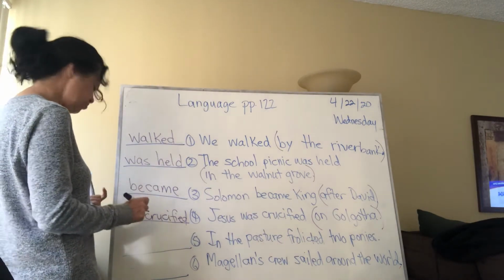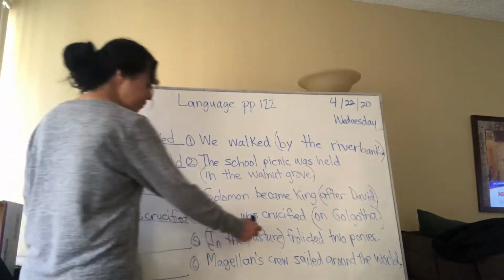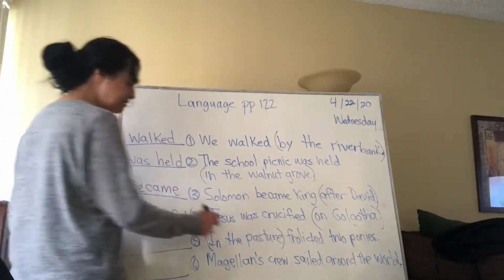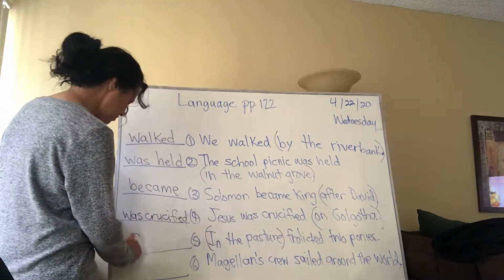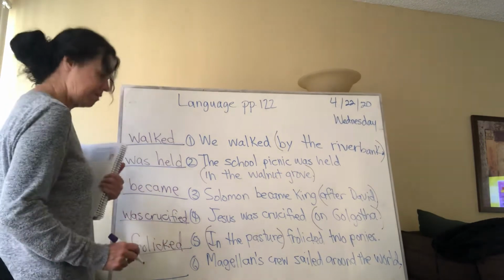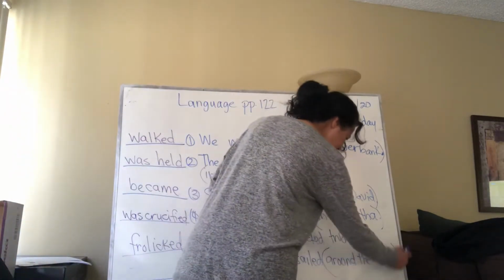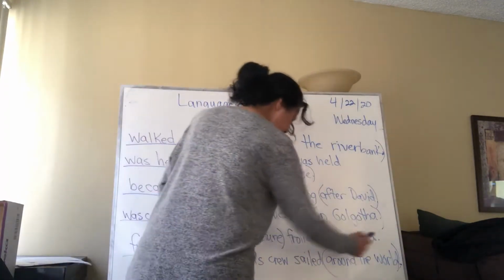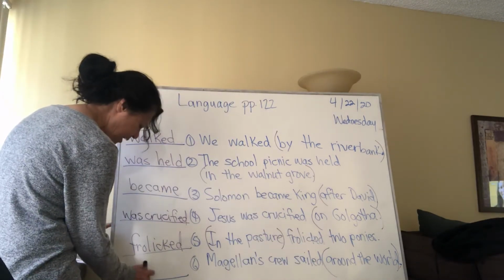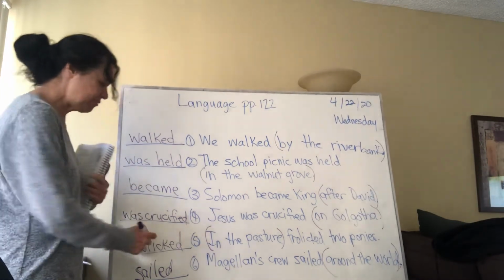So we know our prepositional phrase is in the pasture. The preposition is in, pasture is the object, and your verb is frolicked. All right? Number 6, Magellan's crew sailed around the world. Around the world is your prepositional phrase, and it's giving us details about the verb sailed. So we write sailed in the blank. That's a verb that it modifies.